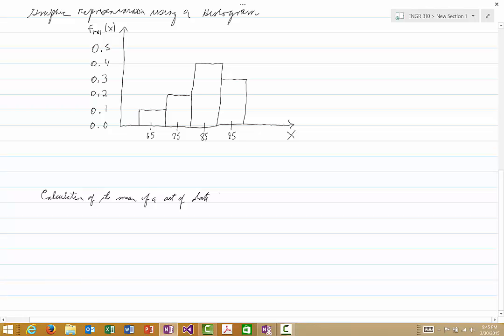This is something I feel confident all of you have seen before, but just to make absolutely certain about this, let's look at one example. Let's say that we have the following data.